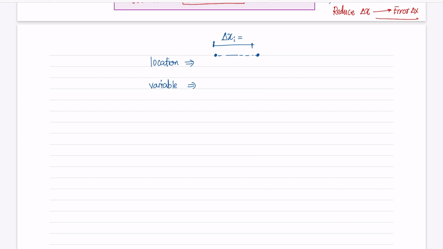Instead of considering the reference point here, what if I switch the location? I say that this is my xi, and therefore this is my phi of xi, right? So this is a possibility, if we have a grid of more than, let's say, 3 points. In that case, if I go by the idea of counting, this particular location would be x of i minus 1 and this point would be phi of x of i minus 1.